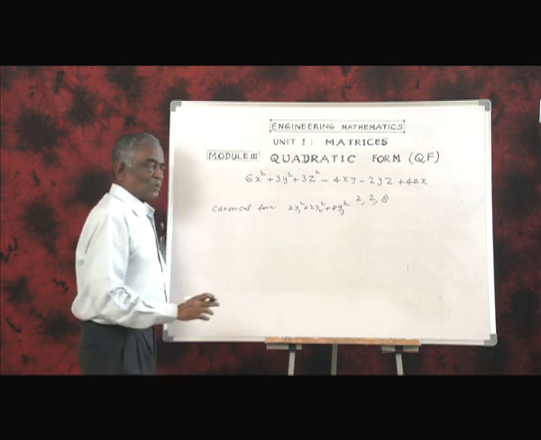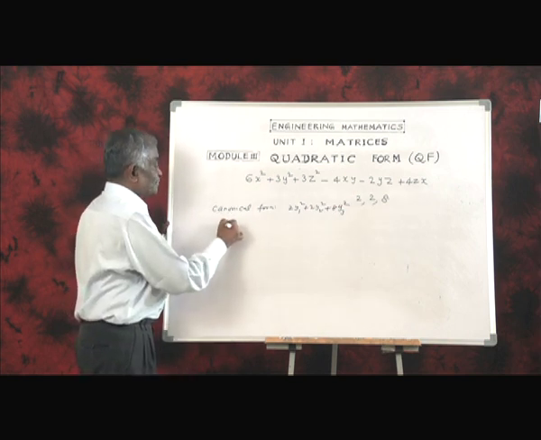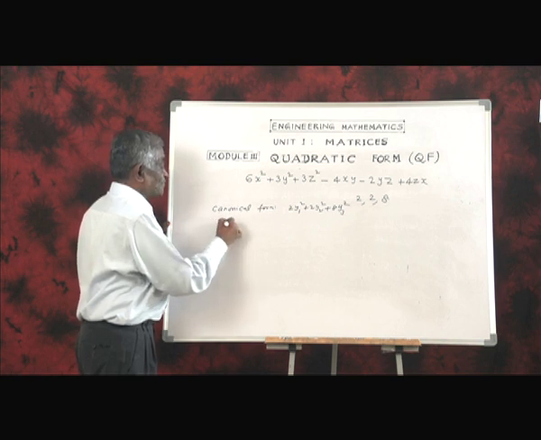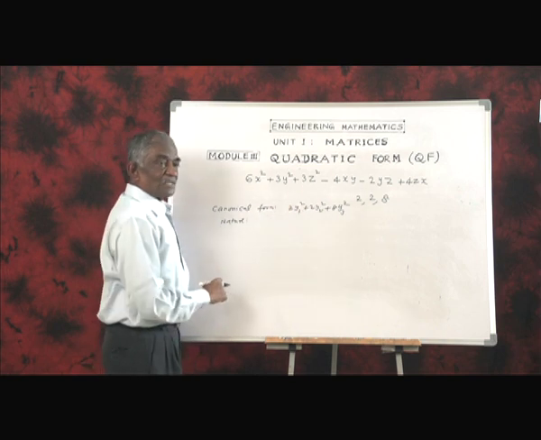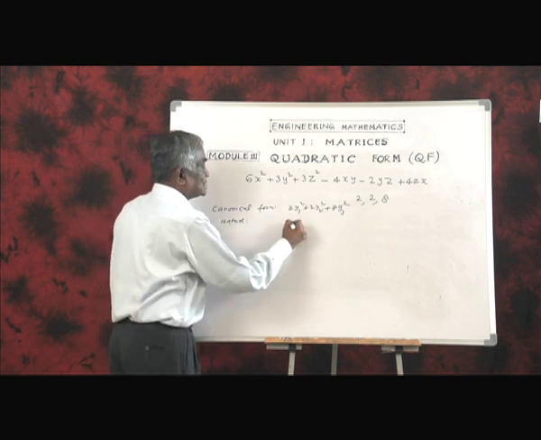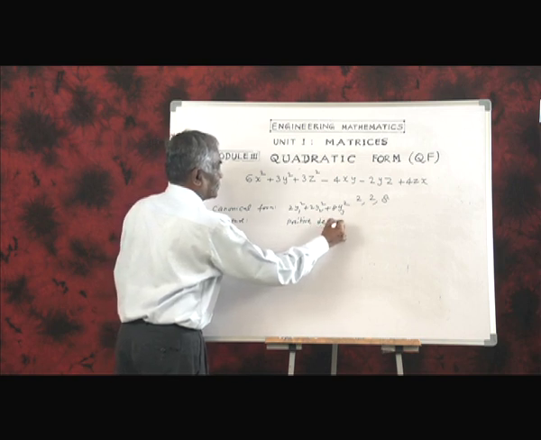Multiply the eigenvalues by y1 square, y2 square, y3 square. Next is the nature of the quadratic form. Since all the eigenvalues are positive, it is positive definite.